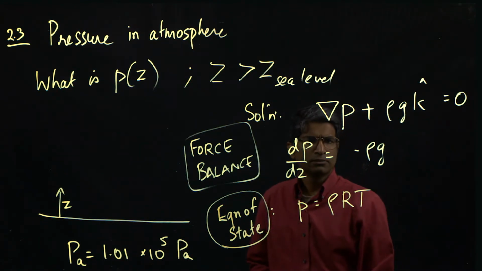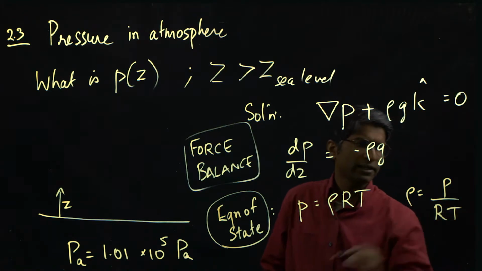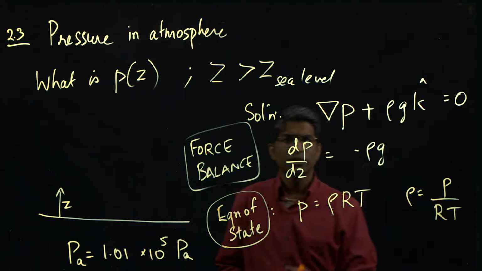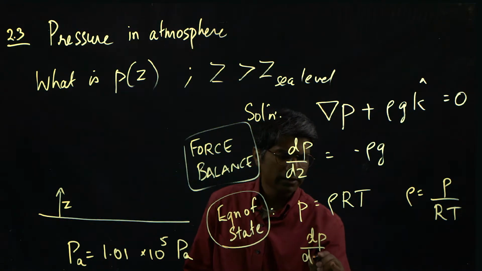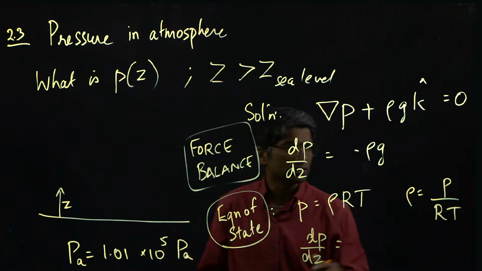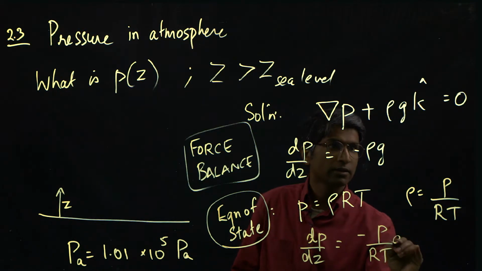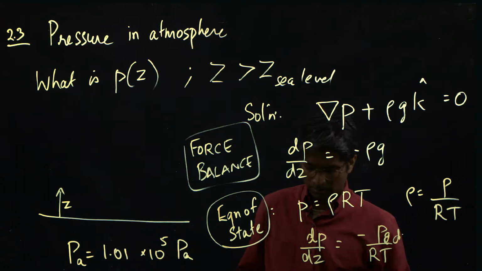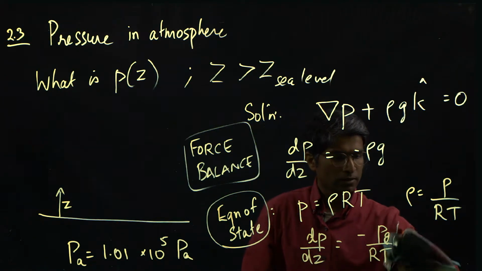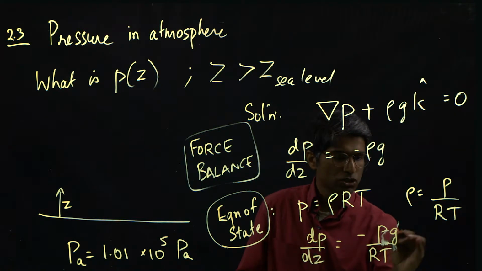So I could try rewriting my density in terms of pressure and temperature. If I swapped that in, I would get dP/dz equals minus P over RT times g.